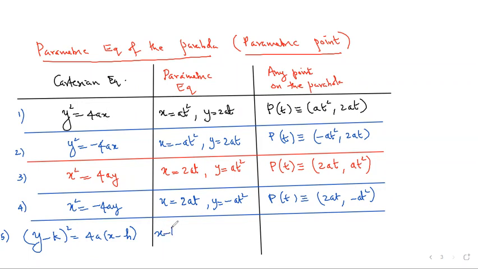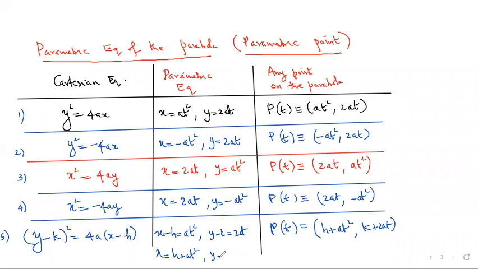So x minus h will be at square. Y minus k will be 2at. Which means coordinate of t will be h plus at square and k plus 2at. You can write x is equal to here. I hope you understood.